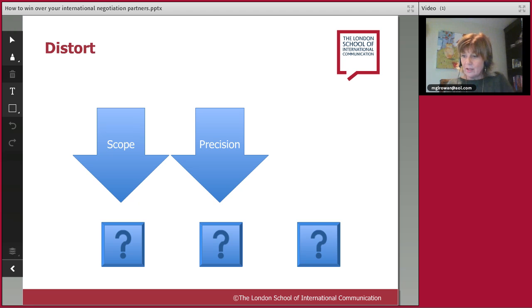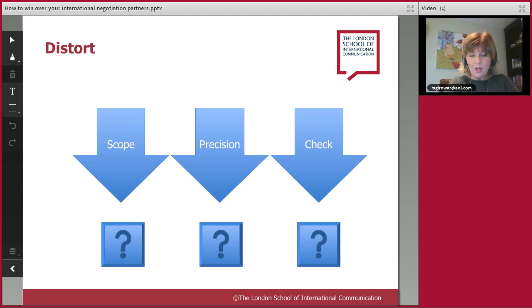So precision is about making sure that you understand and that the other person understands what's needed, and it involves checking understanding, clarifying, retracking, and going back to make sure that there are no misunderstandings in what you've said. Now this involves slowing things down quite significantly at certain points, but is really, really useful. And to build in a checkpoint at every stage of your international negotiation is really important.